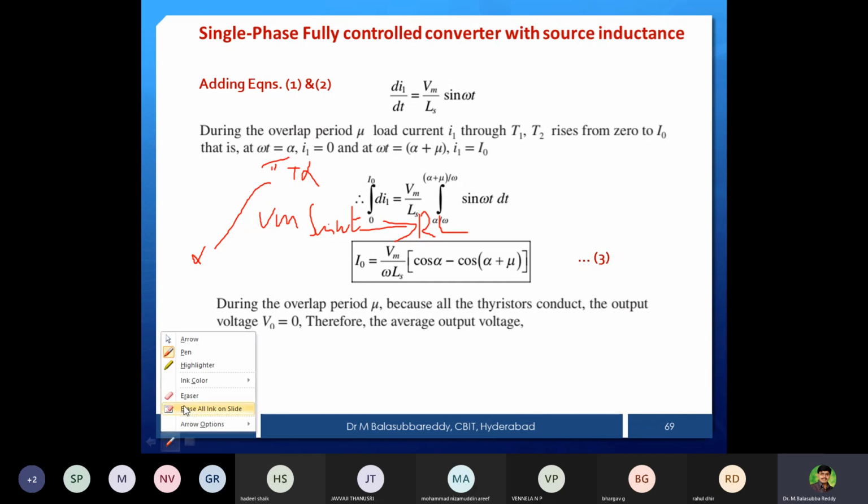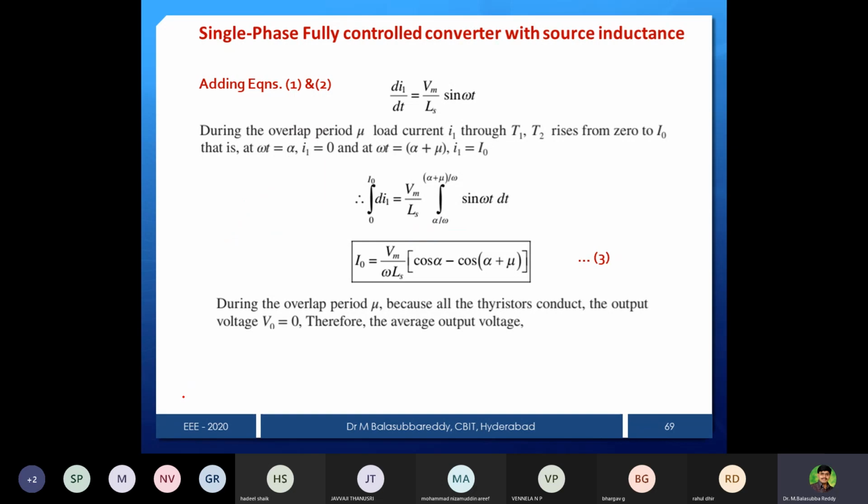But now if I consider RL load with source effect, then what will happen? The limits are the same as usual, the 2 pulse converter, that's why 2 by 2 pi, but starting point instead of alpha, your waveform will start only at alpha plus mu. That's why we started at alpha plus mu, ended at pi plus alpha. That is the only difference between RL load and RL with source effect.